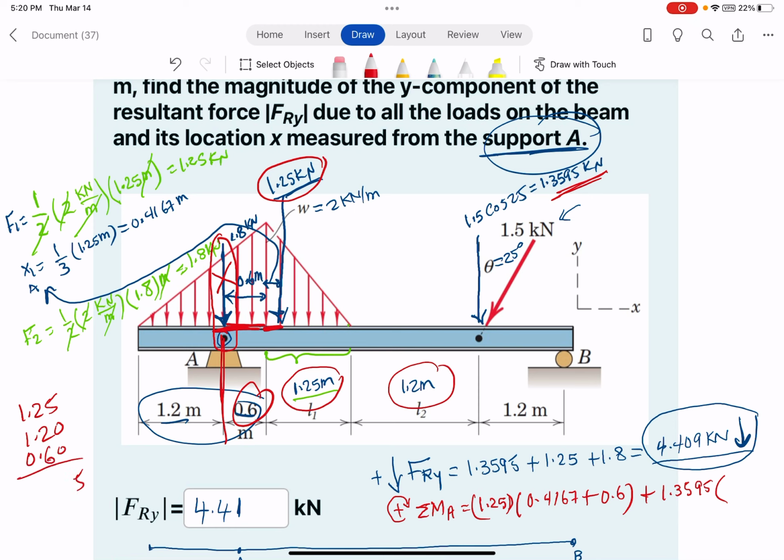You add them together, it is 3.05. Okay, so this is 3.05.